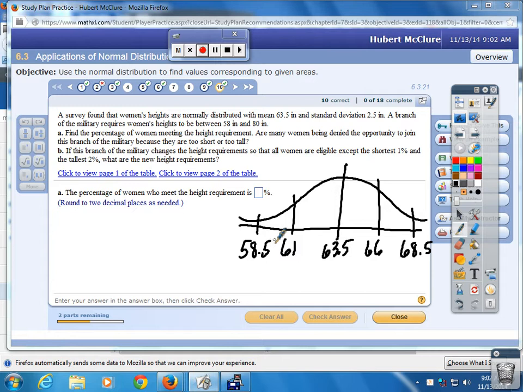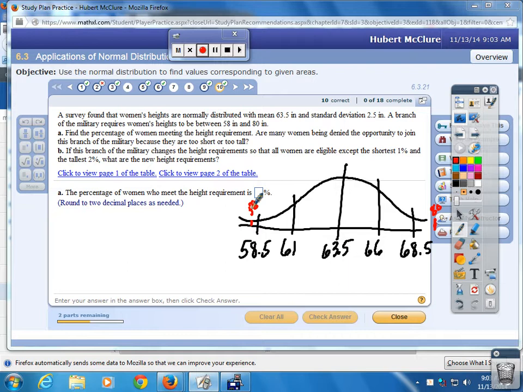Find the percentage of women meeting the height requirement. Well, 58 and 80, which is way up here. So we got to change 80 and 58 into z-scores.